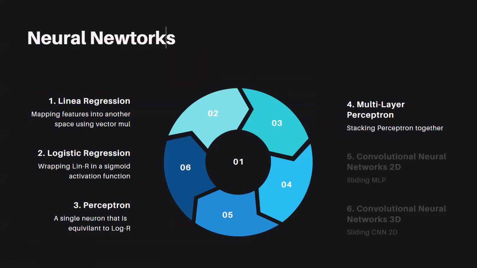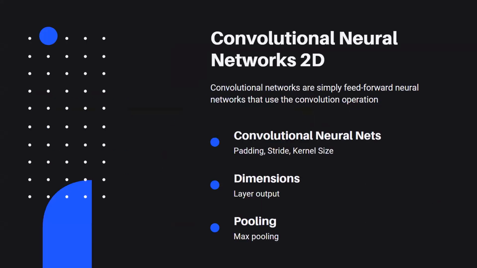We have seen perceptrons, and then we spoke about multi-layer perceptrons. Now let's take the next step toward building an image classification neural network, which is a convolutional neural network combined with a multi-layer perceptron.